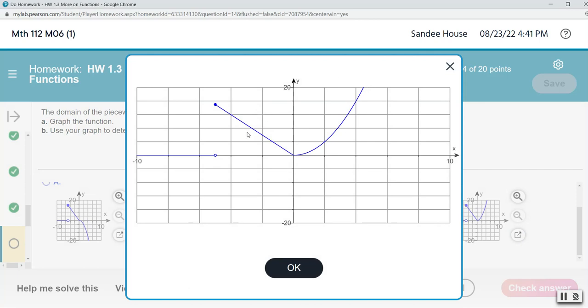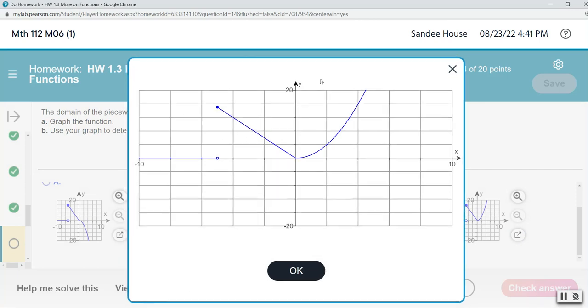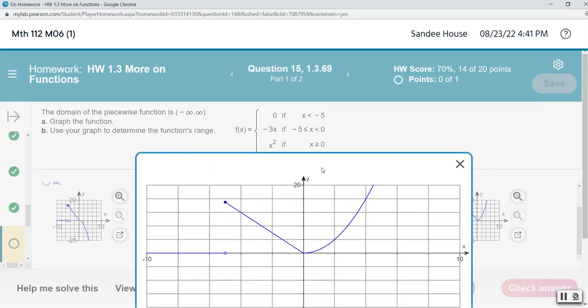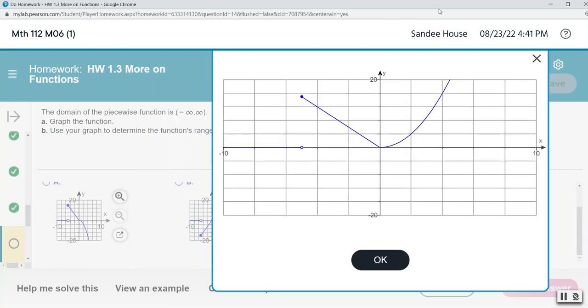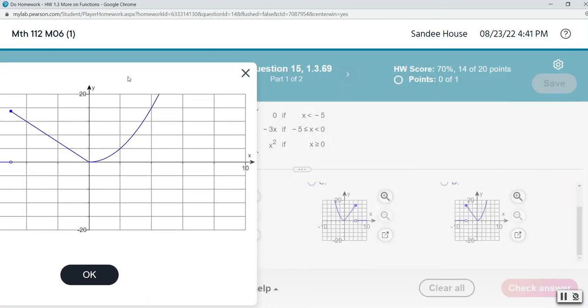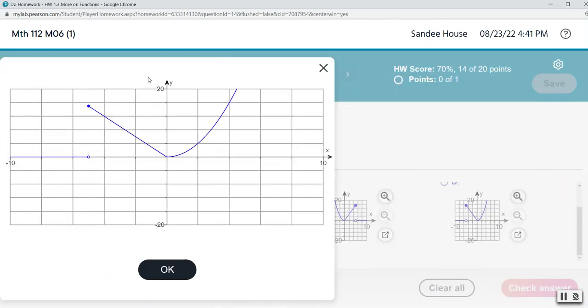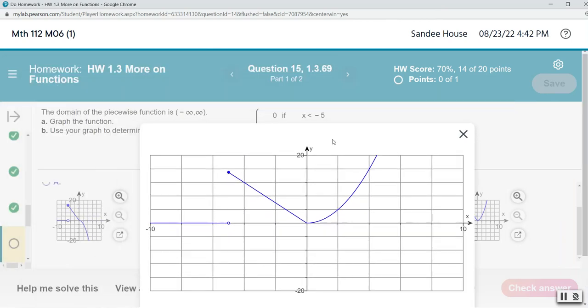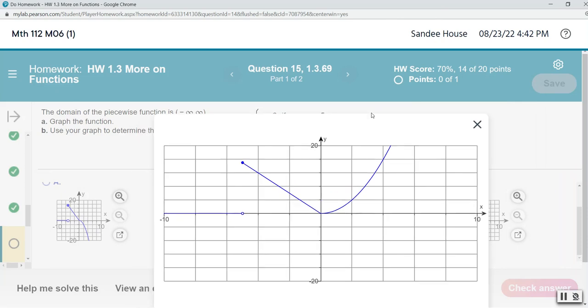Okay. Now let's confirm these two pieces as well and why they look like they do. Pull this down a little bit so you can see it. It won't let me. All right, so briefly, it says if x is less than -5, it's always 0.